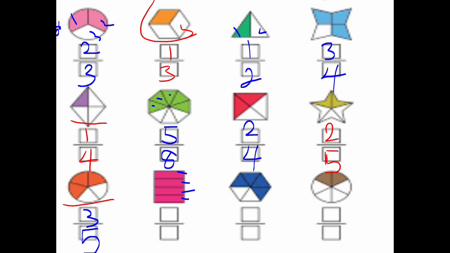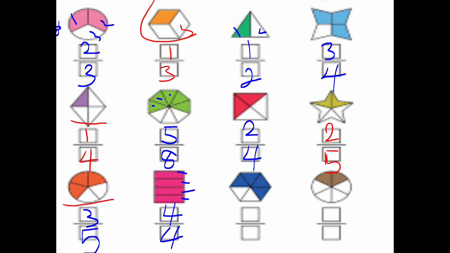We have 4 shaded parts out of how many parts in total? 4. Very good. So the fraction is 4 out of 4. That is 4 over 4. Do you understand? Very good.